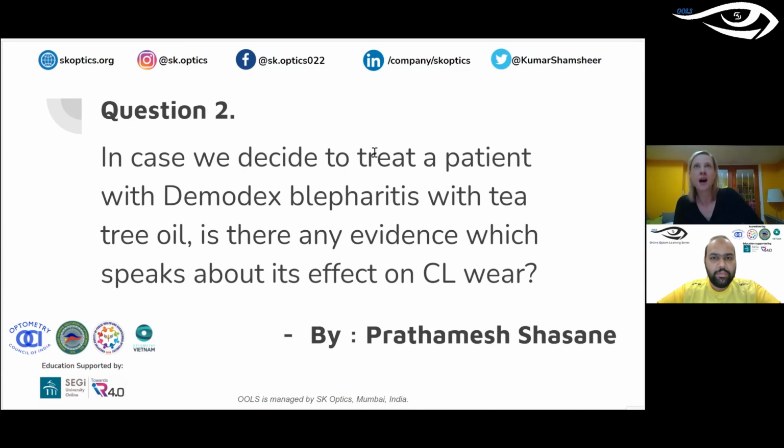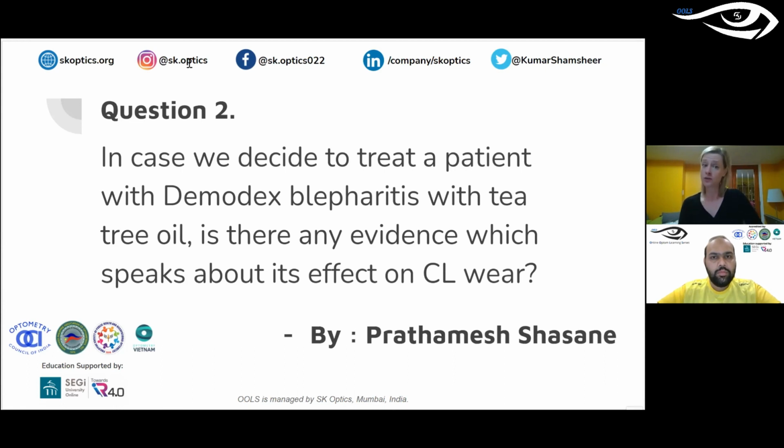And you know yourself, when you've used tea tree oil or a tea tree oil based substance on a patient, we know the vapor gets in the eye, it can be a little uncomfortable, and the eye can take a little while to settle afterwards. So all I would say is do it without the contact lens in, and you may want to advise the patient to wait an hour or so, or even through to the next day before they put their normal contact lenses back in. So I think just a little bit of common sense with that.